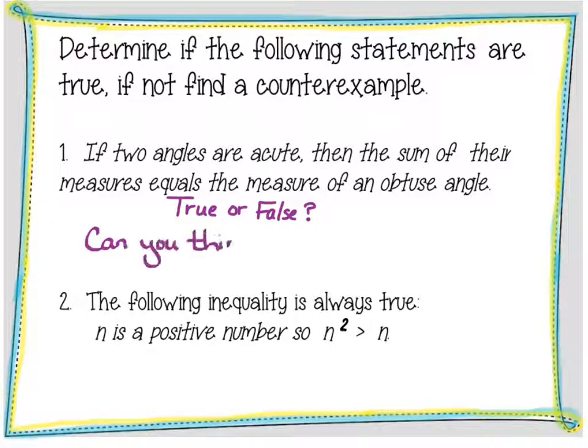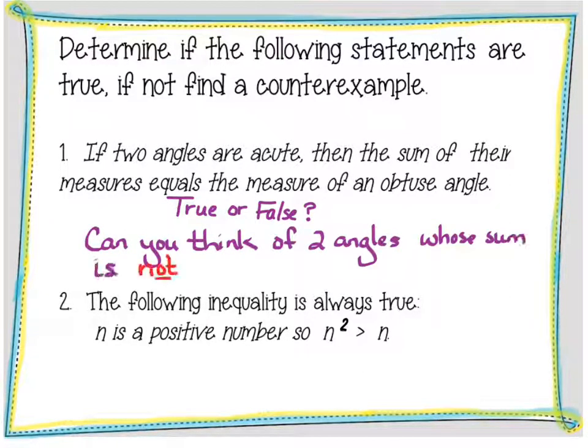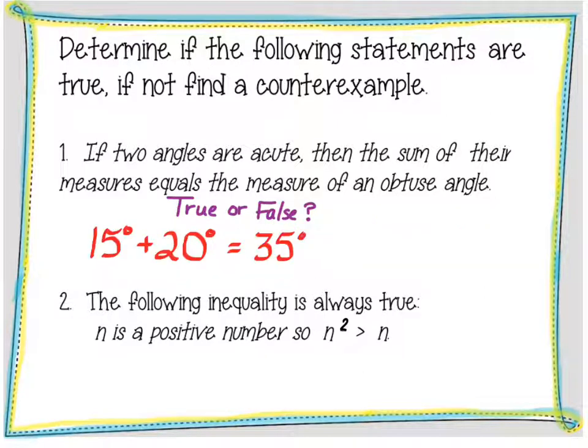So can you think of two angles whose sum is not an obtuse angle? Doesn't take long. So there you have two acute angles, and their sum is 35 degrees, and 35 degrees is not obtuse. And so there's just one counterexample, so now we can say that this conjecture is false.